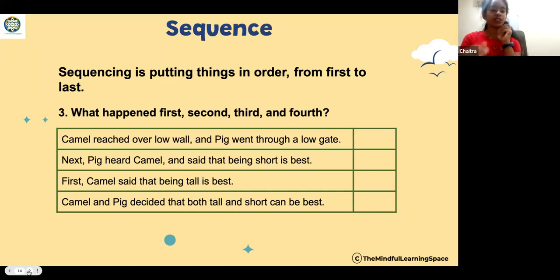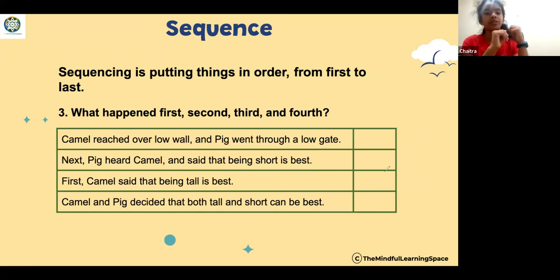I think first, Camel said that being tall is best. And then next, Pig heard Camel and said that being short is best.